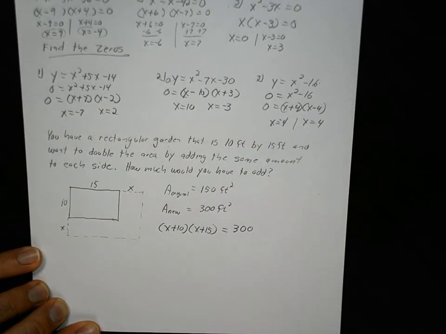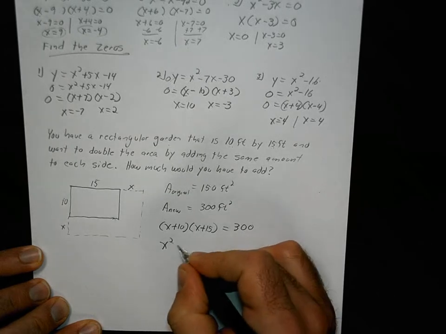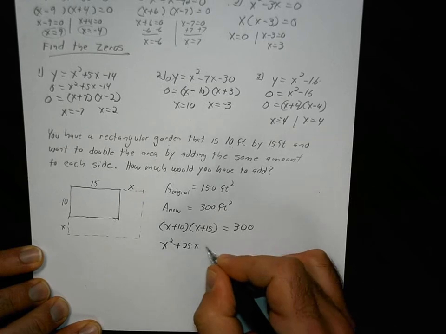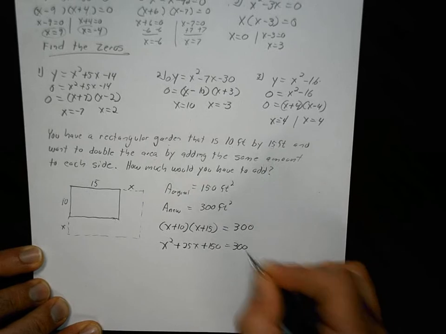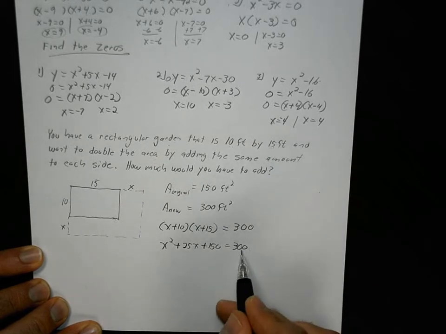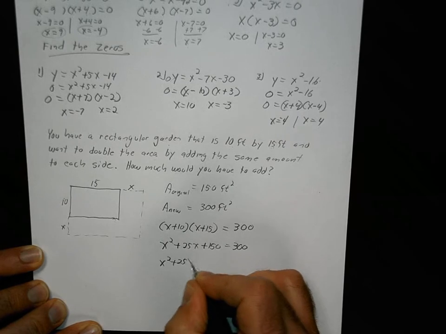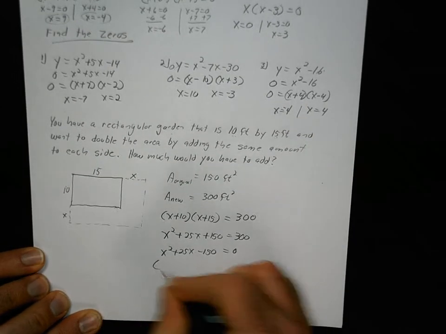Okay? So to solve that equation, we need to multiply this out. So you get a 10x and a 15x is 25x plus 150 equals 300. Now because it's not equal to 0, I got to get this over to the other side. I'm going to run out of time here, so I got to get through this.